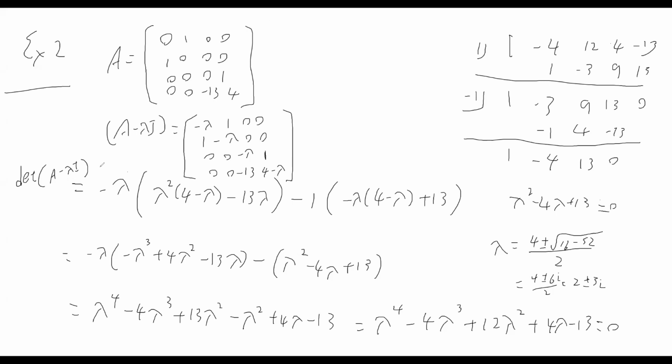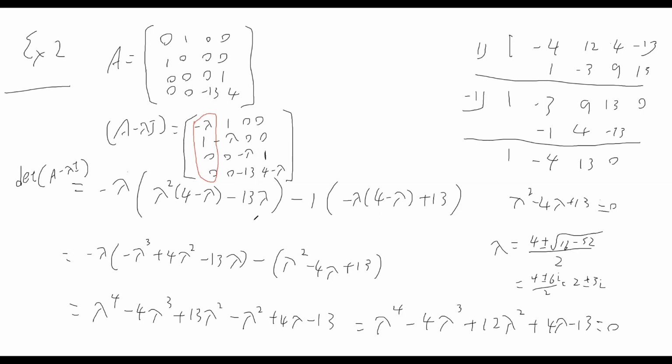Okay, so to find the determinant of a 4 by 4, this is very annoying. I'm going to do the sub matrix by picking the first column, right? So you can see that negative lambda multiplied by the determinant of the sub matrix, which is just 3 by 3, and then minus this one, 1, multiplied by the sub matrix.